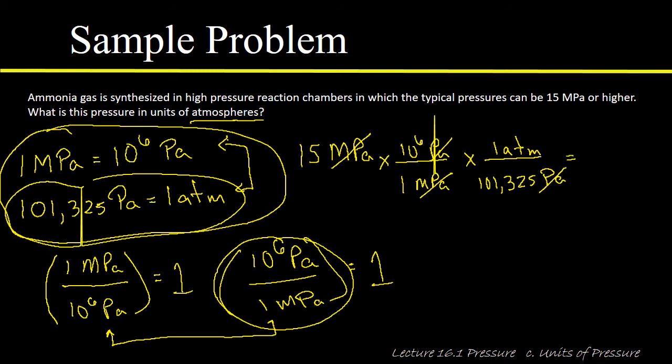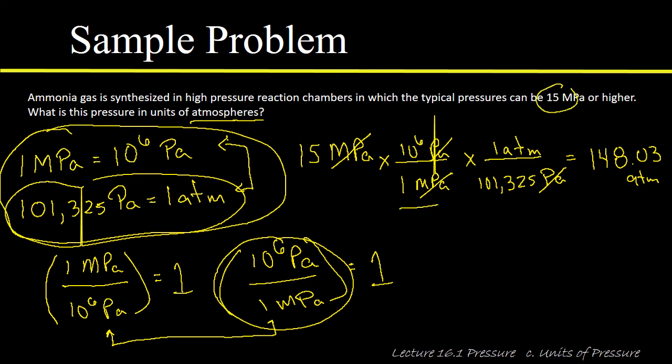If we put this in the calculator and run the numbers, we get 148.03 atmospheres. We go back and look at our significant figures. The information given to us had 2 significant figures in it.